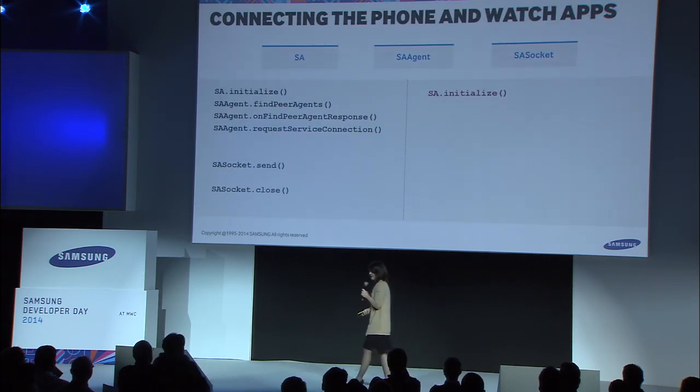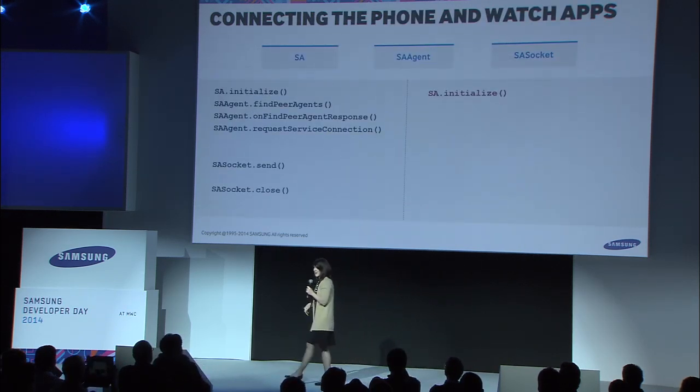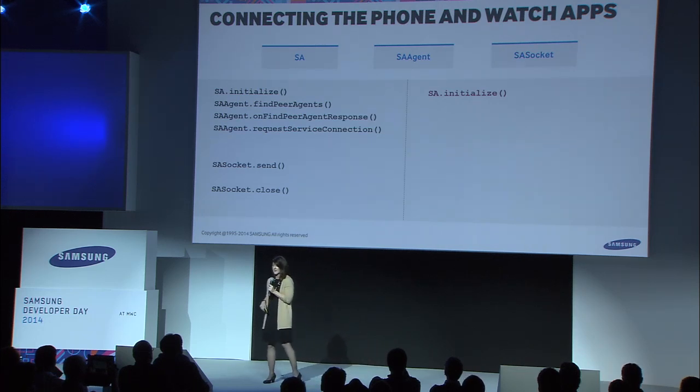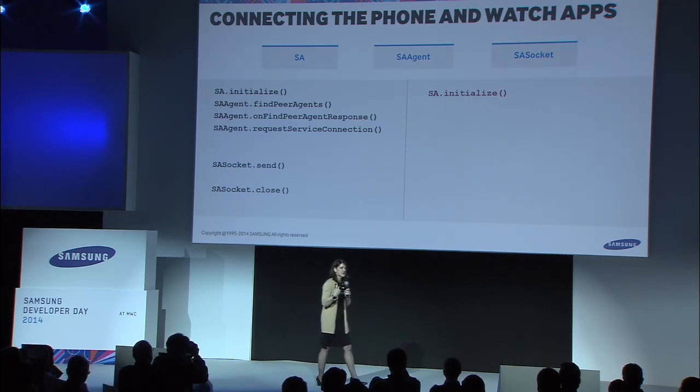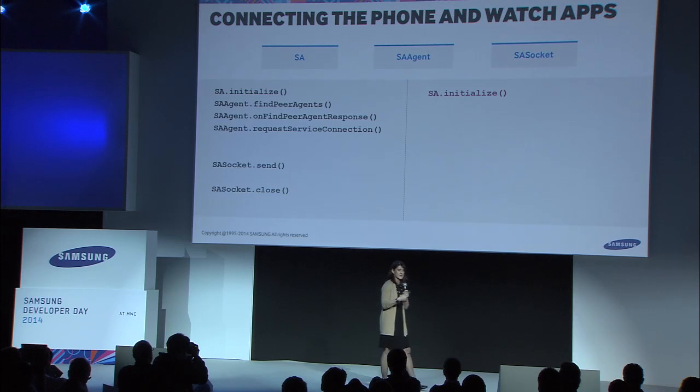So if we look at SAP, this is from a 30,000-foot perspective, the calls that you need to make. You've got the provider side on the left, consumer side on the right. The point to note is you can do this from either side. Because the APIs are exactly the same, either one can be the provider or the consumer. Typically, it's the phone. So you want to call initialize.